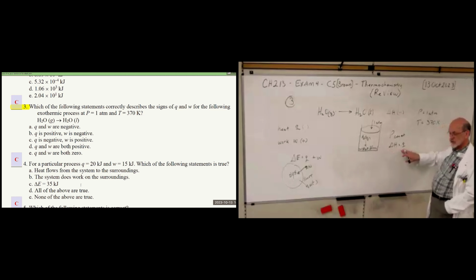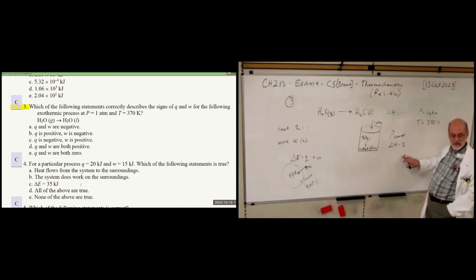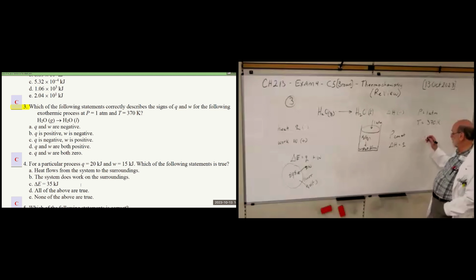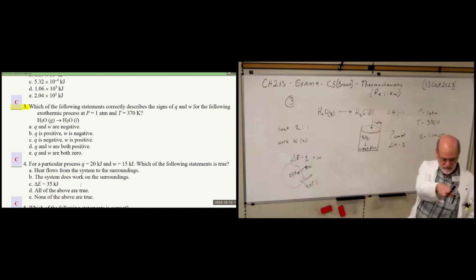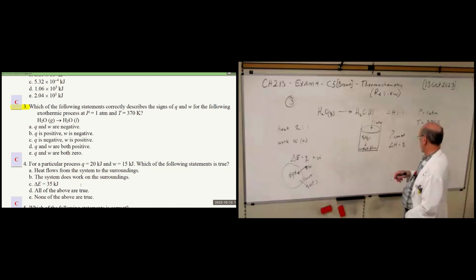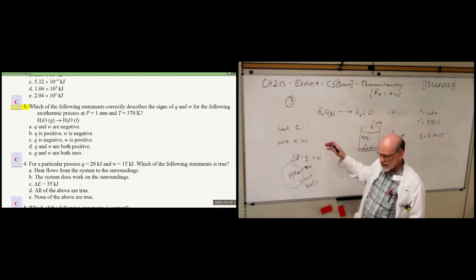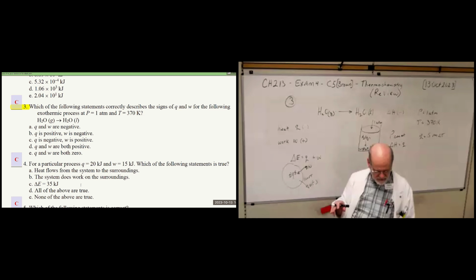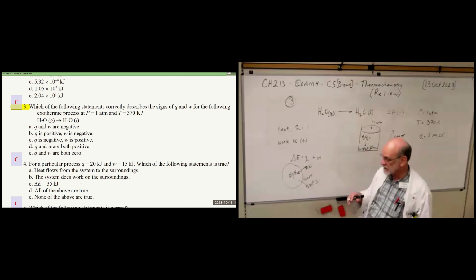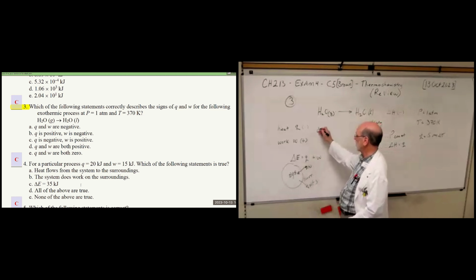It's easier to measure Q, because all you need is mass and change in temperature. Remember Q equals specific heat times mass times delta T. We'll talk about that some more because that's part of the lab. So our answer is Q is negative, W is positive. C is the answer for this.